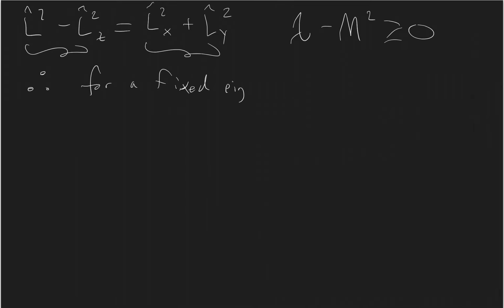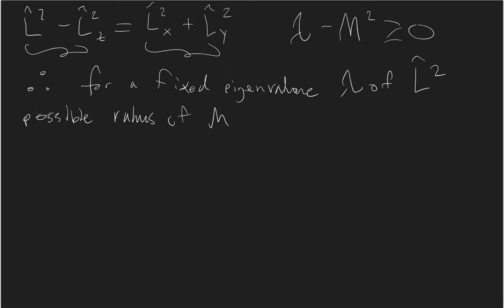for a fixed eigenvalue lambda of the magnitude of the angular momentum vector, or I guess the square of the angular momentum vector, the possible values of m must be bounded.